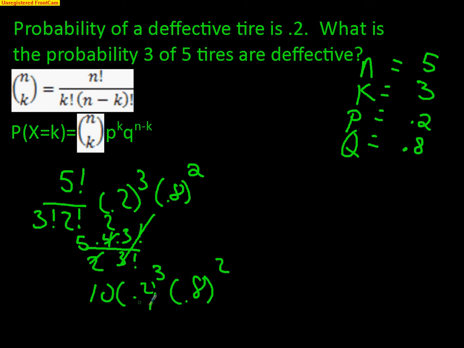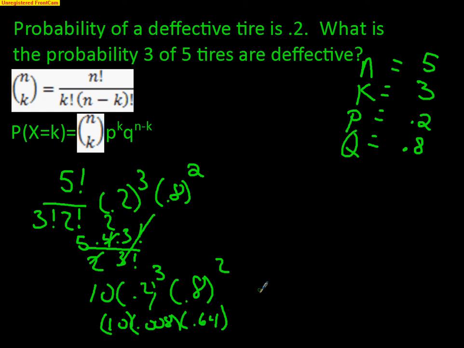If we do some math on this, we would get 0.008, 0.64, and then a 10. I don't know that I can do all that in my head, but I can use my calculator here real quickly, and we can multiply these three values together, and that should give me the probability that exactly 3 of 5 tires are in fact defective.